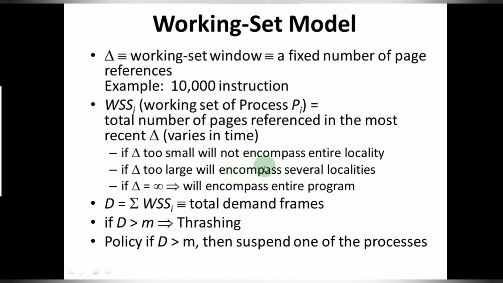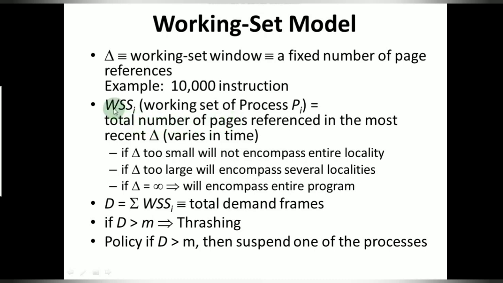If the size of delta is too large, it may have many localities in it and it may lead to overlapping. So it is very important to choose the right size of delta. Even if it is too small, it is an issue. If it is too large, it is overlapping. So it is necessary to have an ideal size of delta.